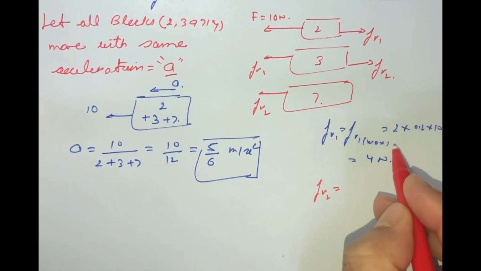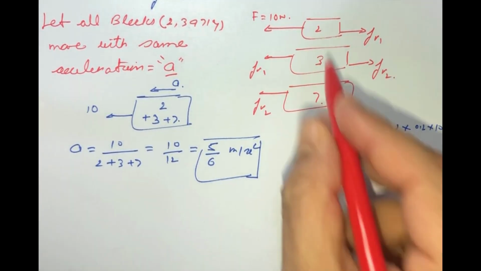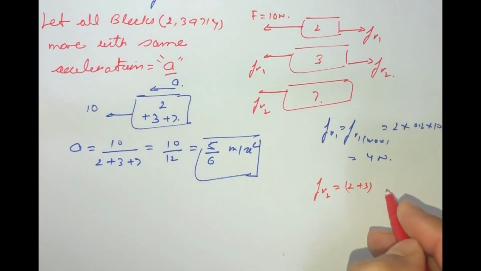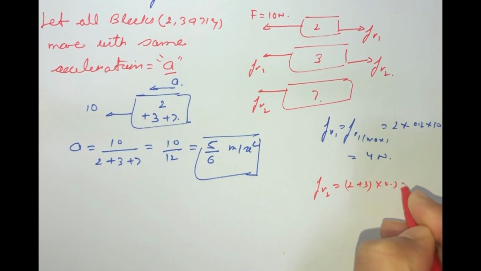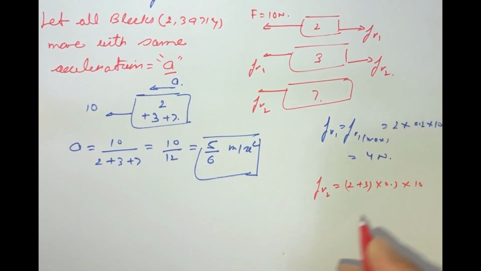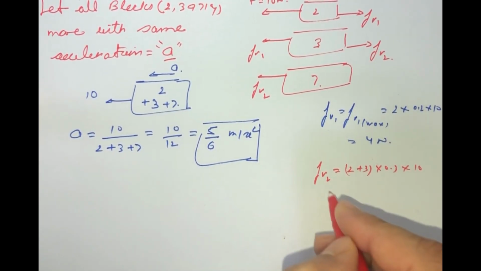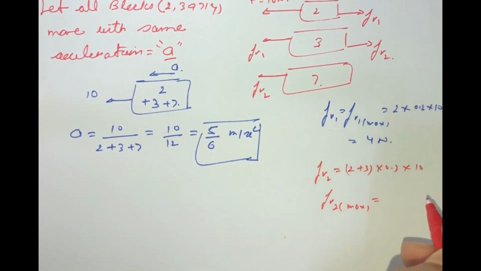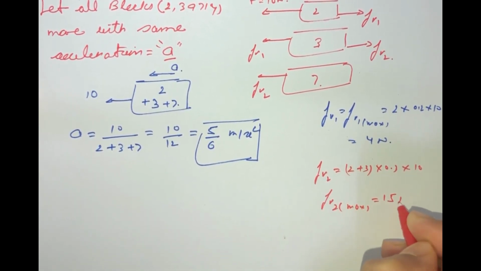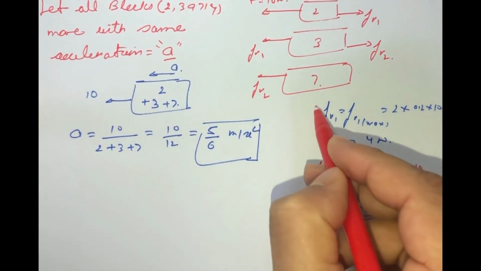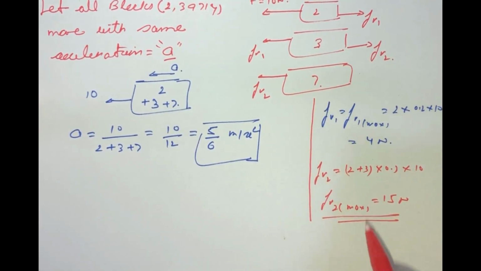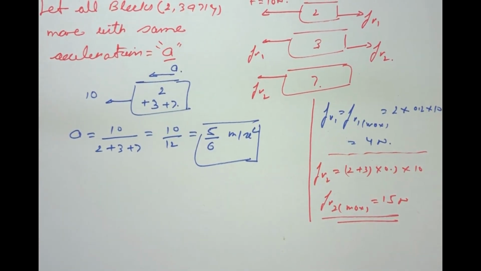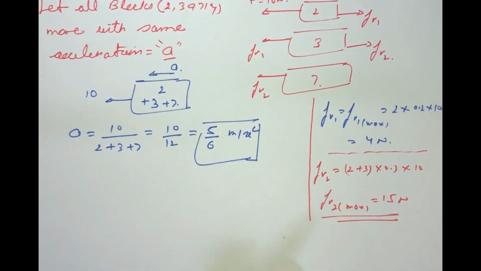So for Fr2 total weight will be 2 plus 3, coefficient is given as 0.3, and this is 10. So in this case also this will be limiting Fr2 max, and that will be equal to 15 Newton. So we have the values of the two frictions, Fr1 as well as Fr2.